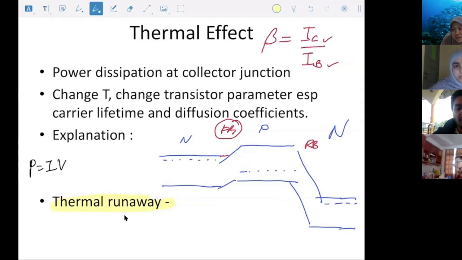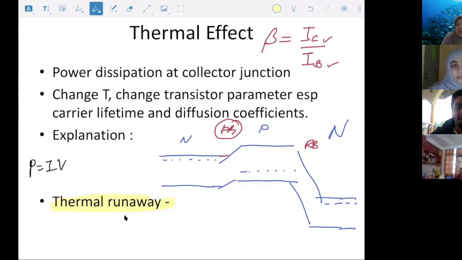When some smoke comes out from the ICs, later on we find the IC already damaged, burned. Yes, normally you will see smoke coming out. It's already burned.